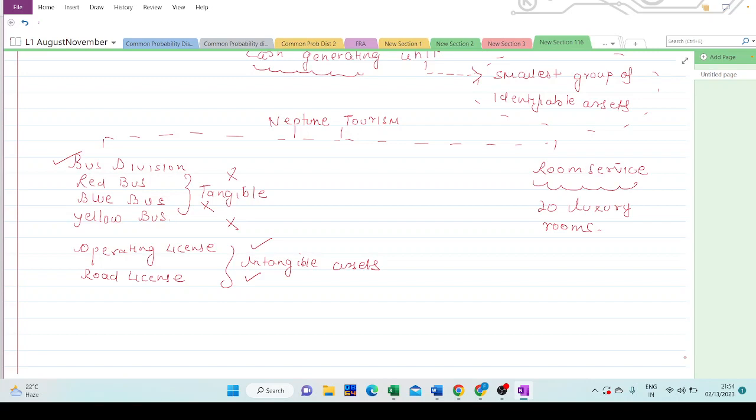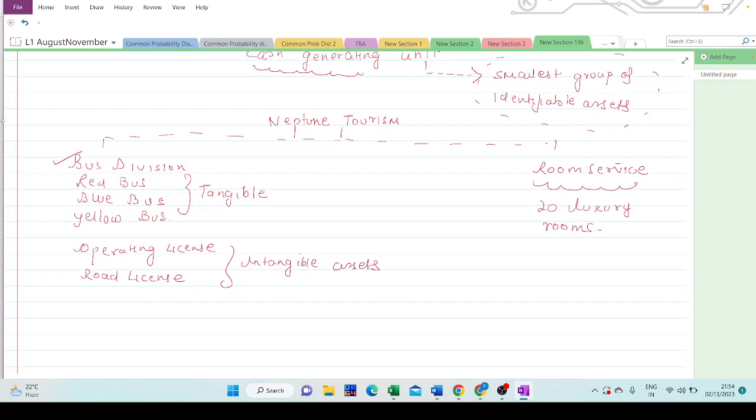Buses need to run on the ground, then only would you be able to generate cash. Licenses without buses don't mean anything.